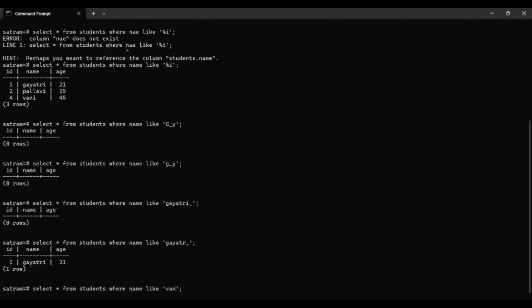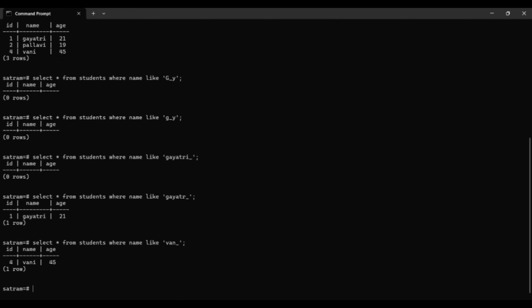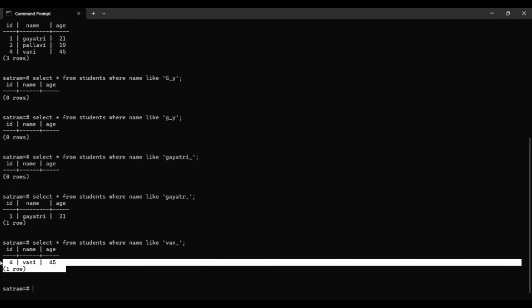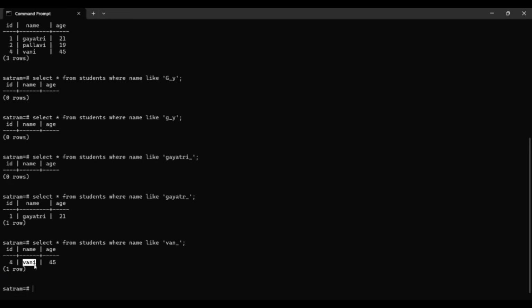And at last, GAYATR underscore: there is only one character, I, left over. So only if a single character is left, you can use the underscore like this.